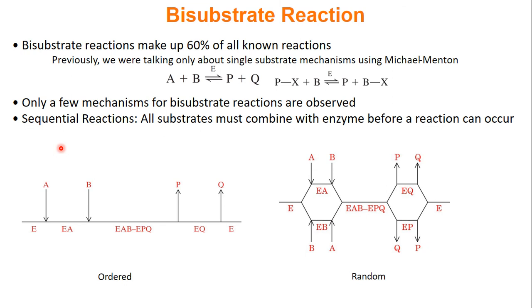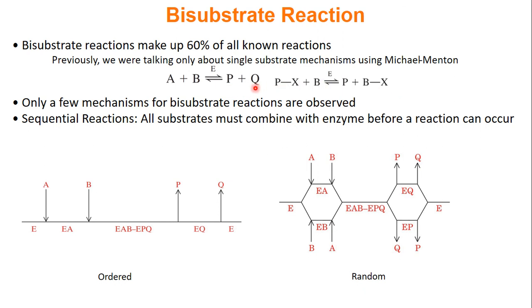We're going to look at bi-substrate reactions because 60% of all enzyme reactions use two substrates. In Michaelis-Menten, we're only talking about one substrate, so here we're talking about two substrates. An example is A plus B goes to P plus Q, or here we just have a bond rearrangement.